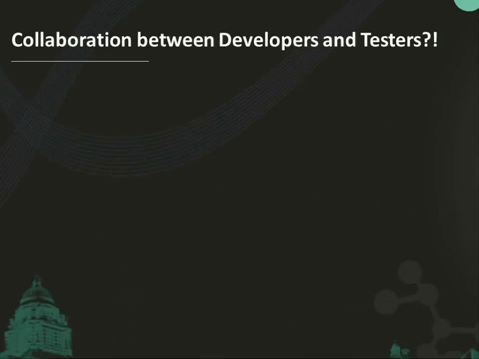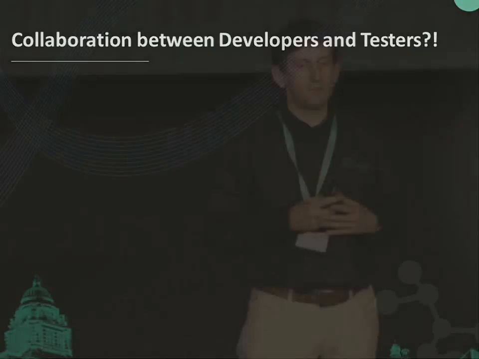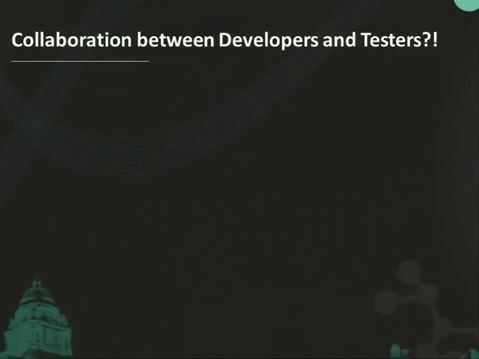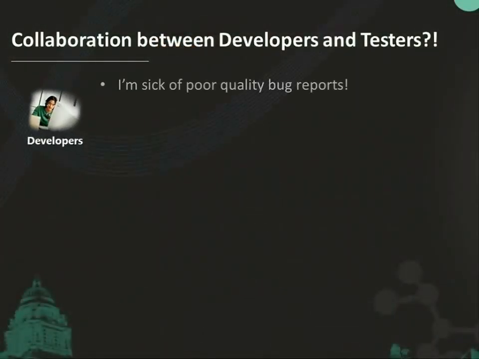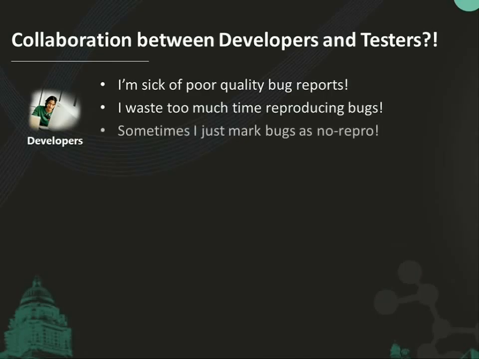So today, we still see a lot of issues, how testers and developers work together. In fact, they work in silos, and they don't really work together, while they both have the same goal. They both want to release a high-quality product without bugs, right? So let's have a look what are the issues that the developer is faced with.